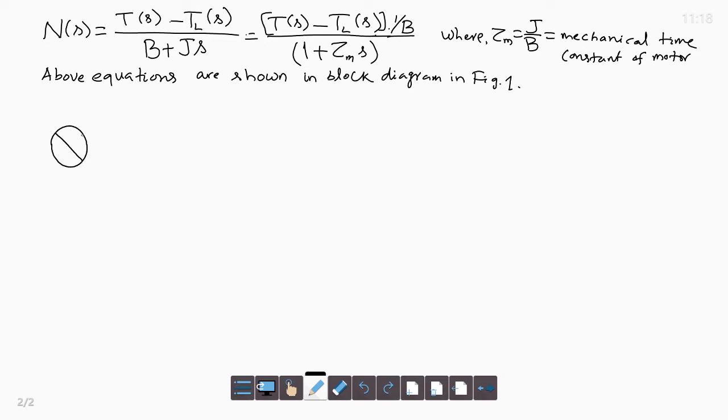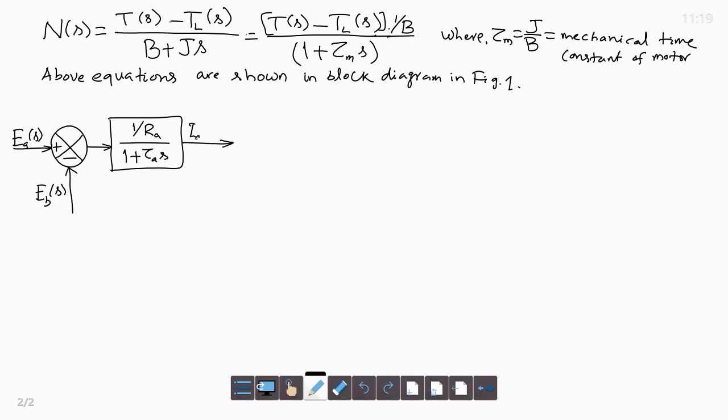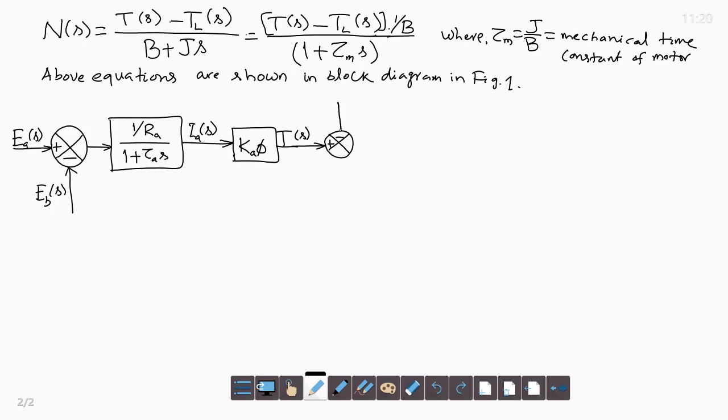So we have applied voltage EA(s), then the back EMF EB(s) compared in a comparator, into the block 1 by RA divided by 1 plus s tau A. The output is the armature current IA(s), then multiplied by the block Ka phi gives the electromagnetic torque T(s). From T(s) the load torque TL(s) is subtracted.